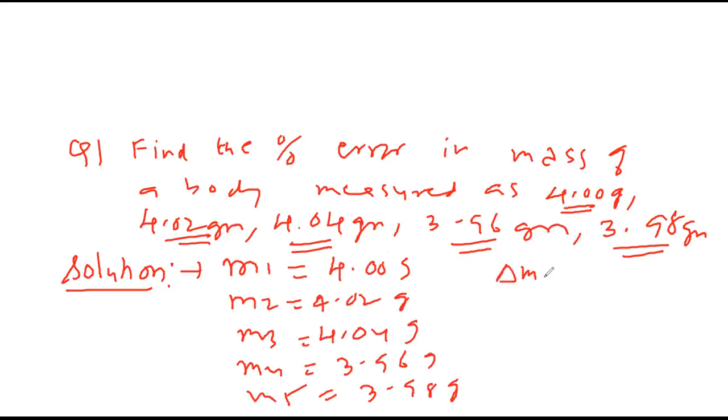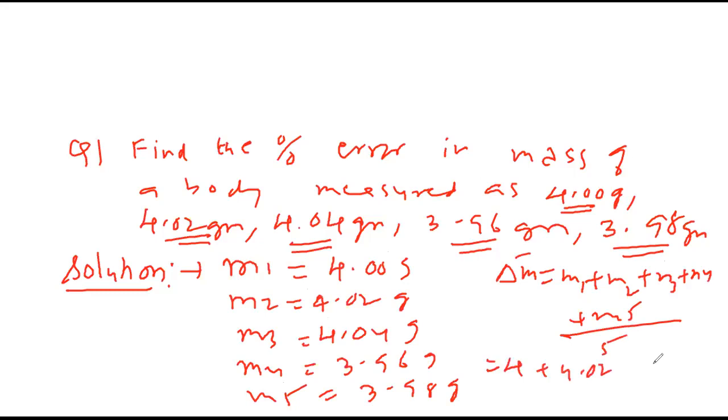Now M bar is M1 plus M2 plus M3 plus M4 plus M5 divided by 5. So 4 plus 4.02 plus 4.04 plus 3.96 plus 3.98 upon 5.